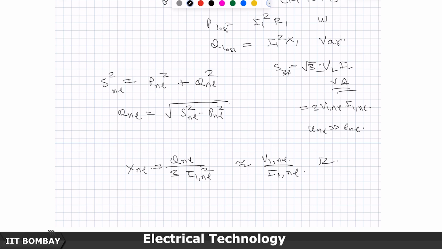So, you get the XNL, but you have not yet separated x1 and xm, that part is still remaining.